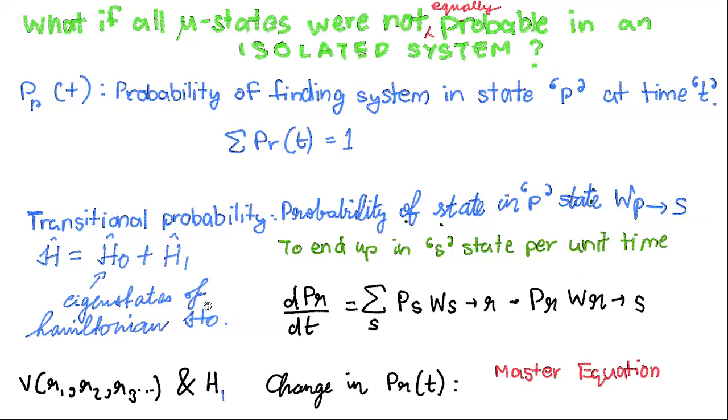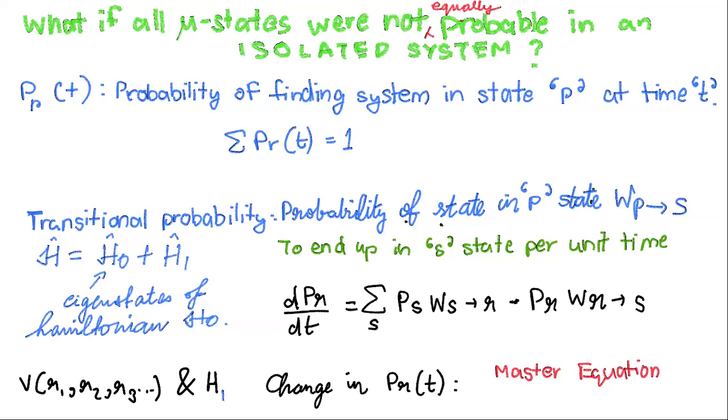And a statement of this form: how many systems are entering state R from different states S, and how many systems from R are going away to state S? Such an equation is called the master equation. It's a very generic equation.